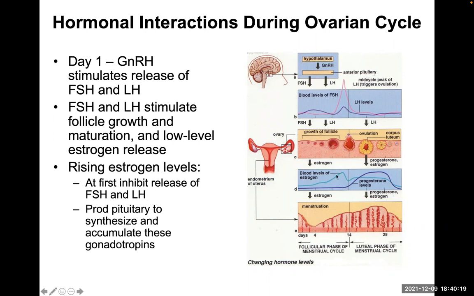But what happens in the female body, if we're not talking about birth control pills or any kind of hormone manipulation, this is just what happens. If estrogen levels continue to increase, we go from negative feedback to positive feedback. And it's this positive feedback that causes the spike in LH that induces ovulation.